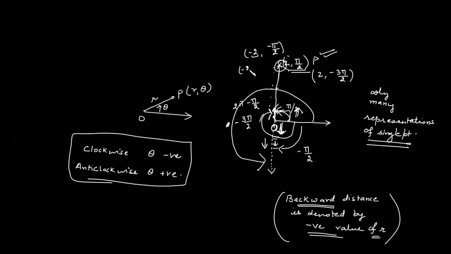So again minus 2 with an angle 3 pi by 2. So what we observe is we have 2 forward distance and 2 backward distance points, 2 with the clockwise direction and 2 with the anti-clockwise direction. So these are all representations of a single point P.